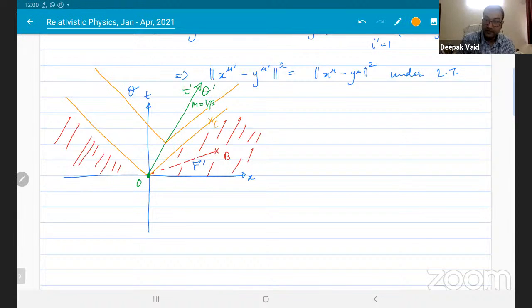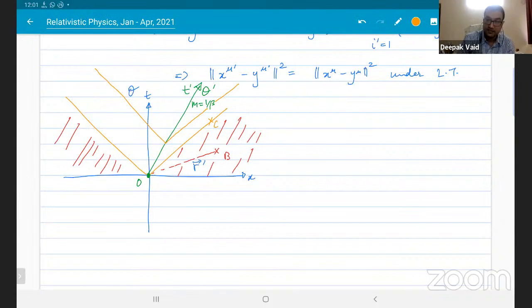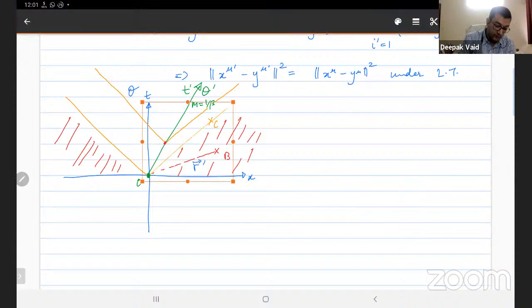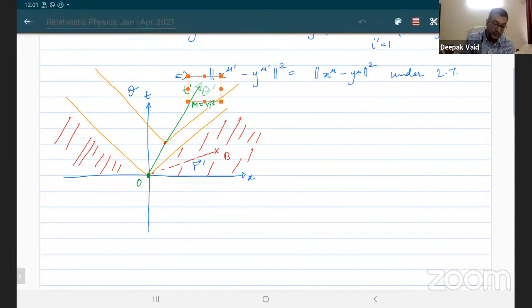So you might think that these two orange lines are just the light cone of this space-time point as seen by this observer O. But what I'm telling you is that this is also the light cone of the same space-time point as seen by the observer O prime.